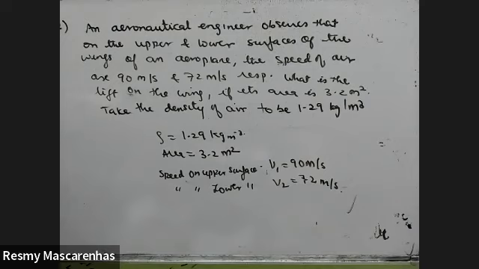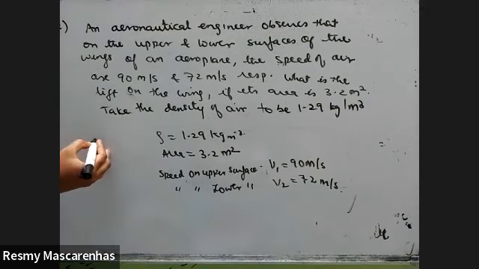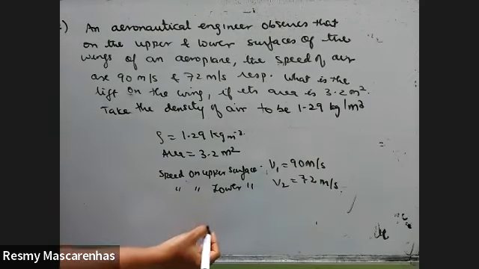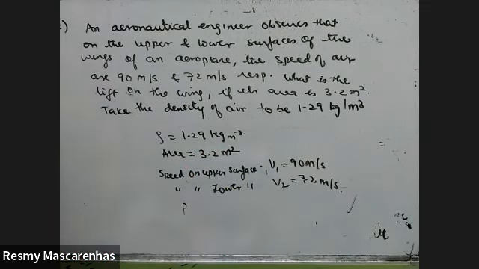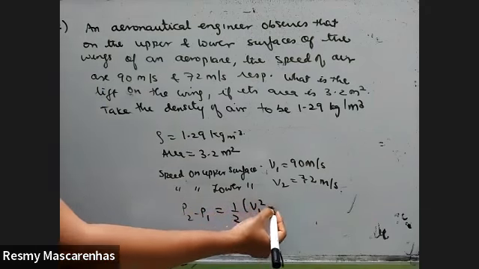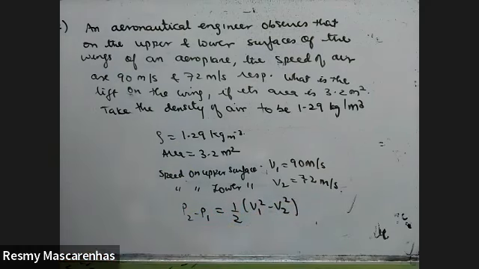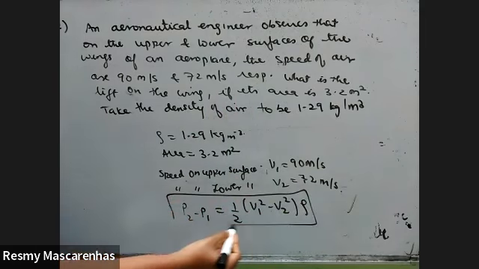So according to Bernoulli's theorem, just now how we have derived one formula, that we can use. Height will remain the same, so potential energy will be anyway 0. We can use P2 minus P1 equals half rho into V1 square minus V2 square. Just now in the venturimeter, whether you do P1 minus P2 or P2 minus P1, it's fine, because finally pressure, even if you are getting negative, you have to write it as positive only.